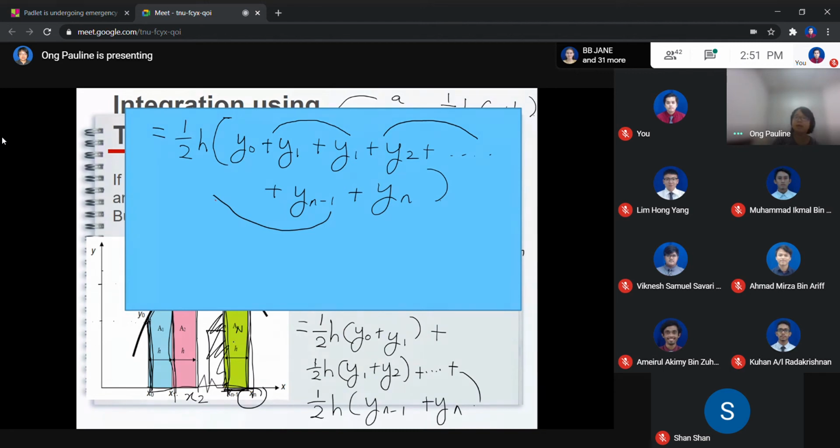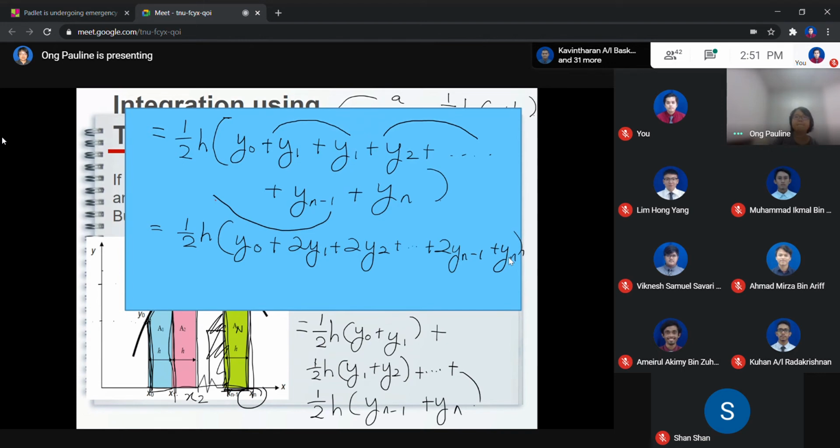So I can have a more simplified form: 1 over 2h times y0 plus 2y1 plus 2y2 plus until 2yn minus 1 plus yn.